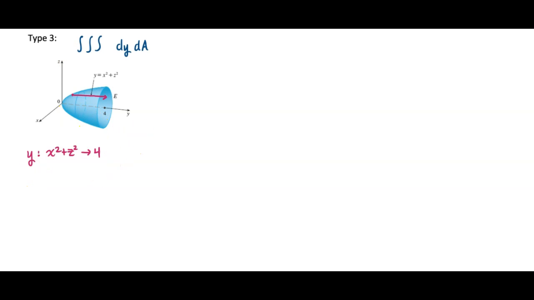So now let's look at this xz plane, the projection onto the xz plane. So looking at this along the xz plane, if I'm looking from this angle here, if I treat my y as a constant, the largest projection is going to be y equals 4.